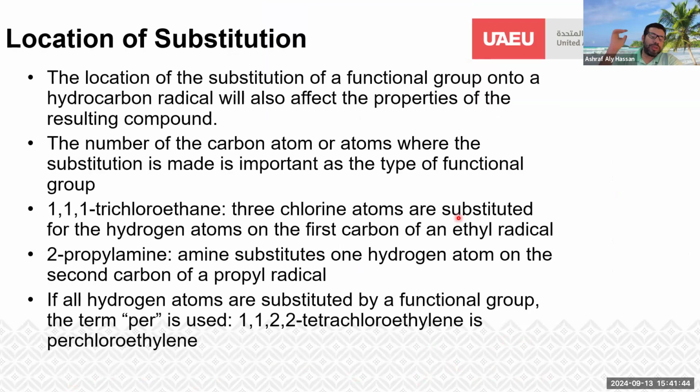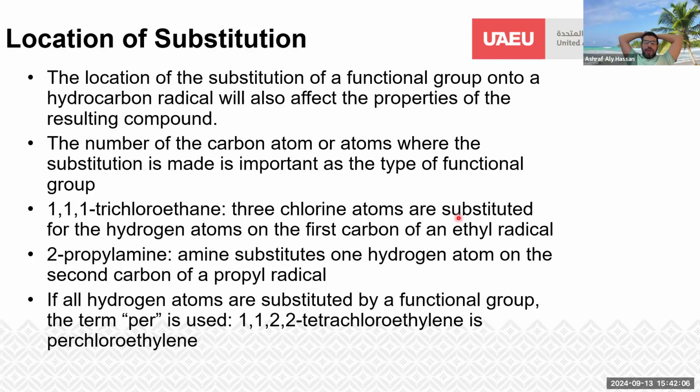So does it always come at the end? The location of the functional group, the location of the substitution of the functional group into the hydrocarbon radical, will also affect its properties. So it does not really always have to be at the end. However, where it comes, it will affect its property.